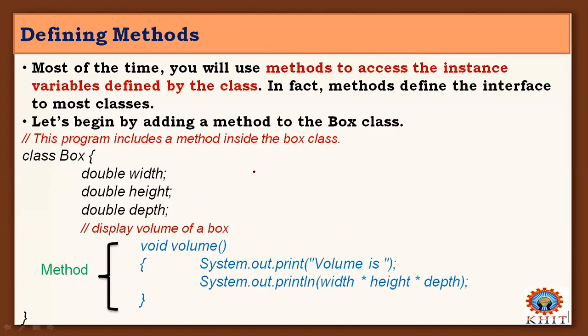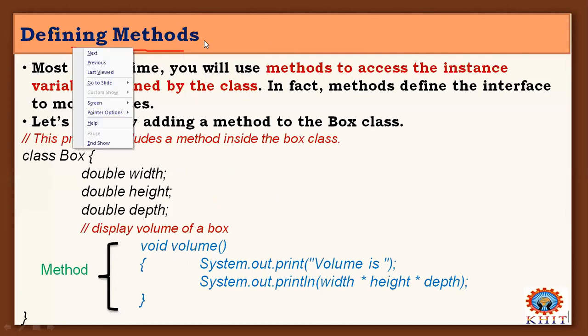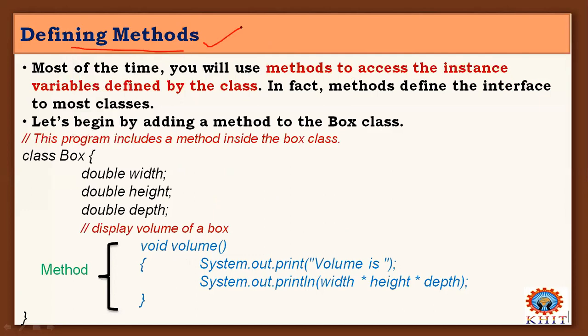Coming to the next one, defining methods. With this knowledge, we can define a method in a class of the Java language. Most of the time, you will use methods to access the instance variables defined by the class. Generally, what is the purpose of defining a method in a class of Java programs?